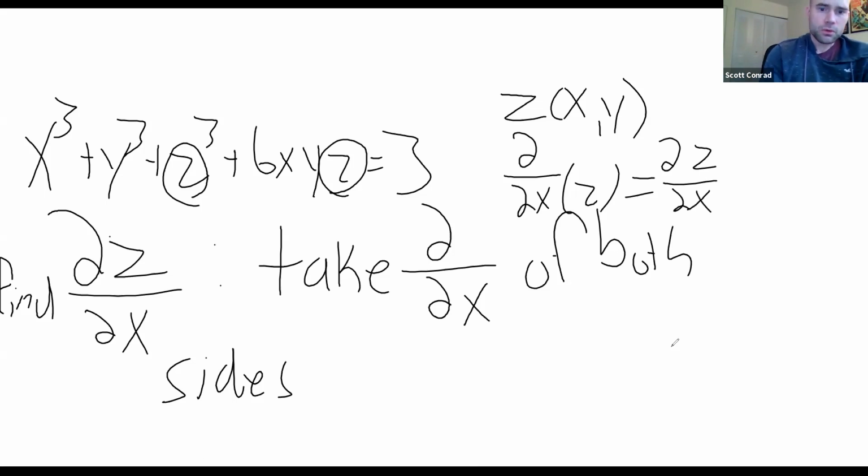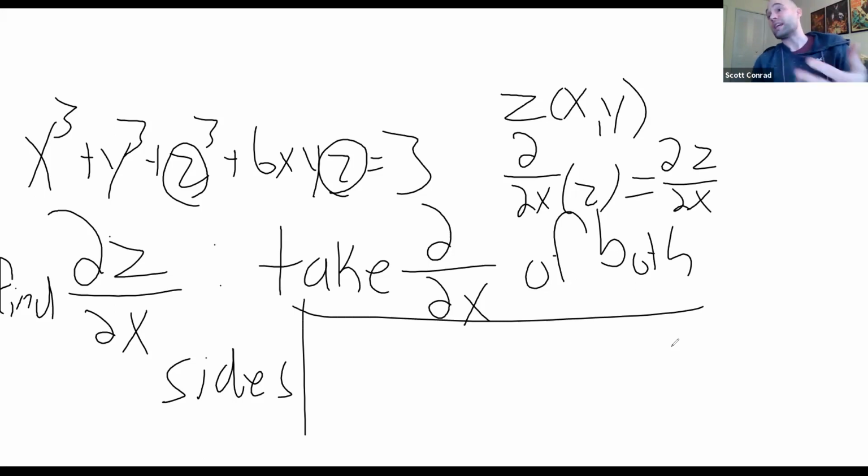Okay, so x cubed, when we take the partial with respect to x, what happens to x cubed? Careful, when we take the partial with respect to x, y is treated as a constant, and we differentiate as a function of x, so x cubed becomes 3x squared. What happens to y cubed? Treating y as a constant, it becomes 0.